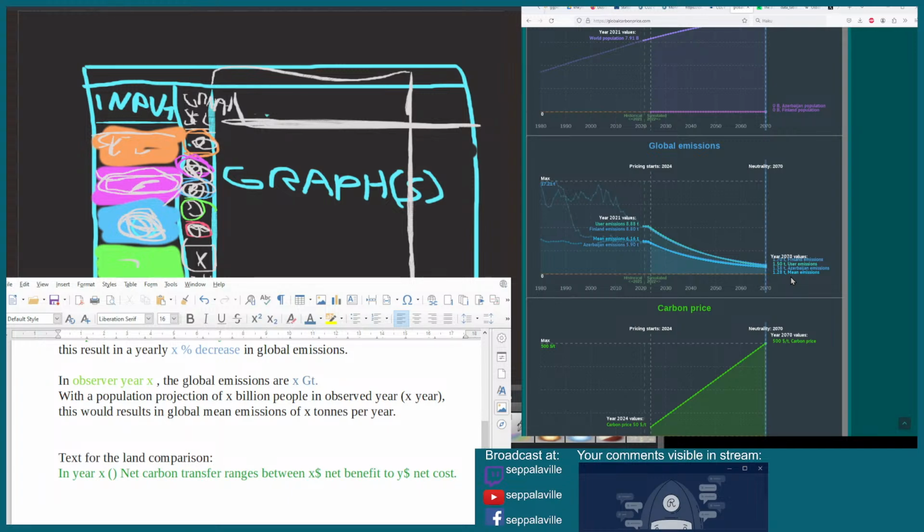So there's this kind of calculation going on in there.